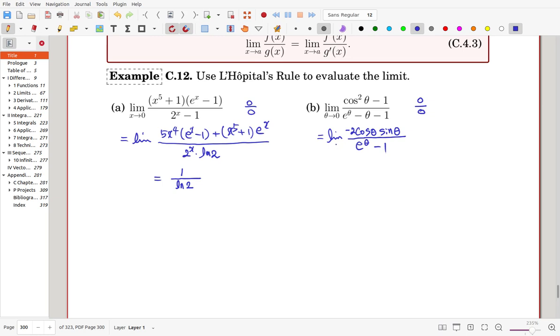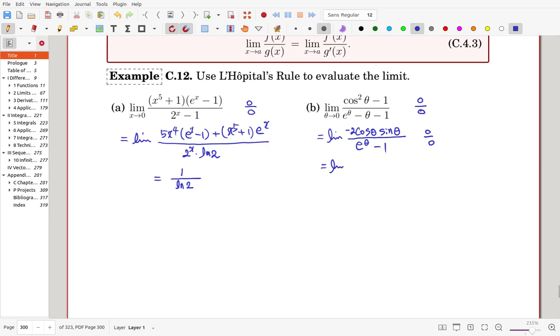Once theta approaches 0, sine theta is approaching 0, and e to the theta will approach 1, so again there is a 0 over 0 shape. So you can apply L'Hopital's rule one more time.